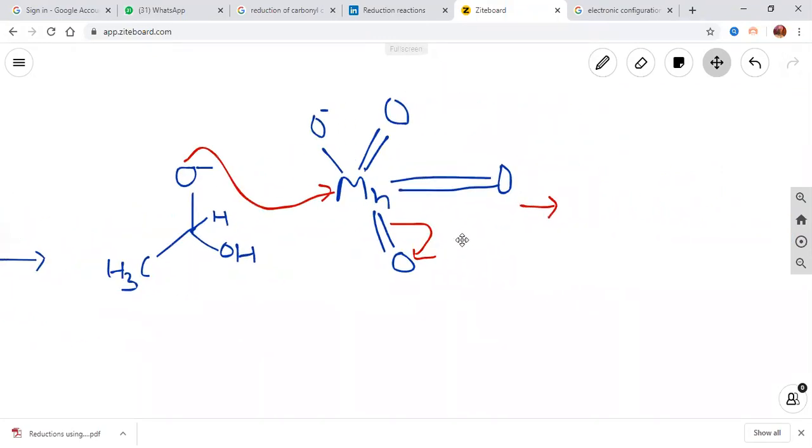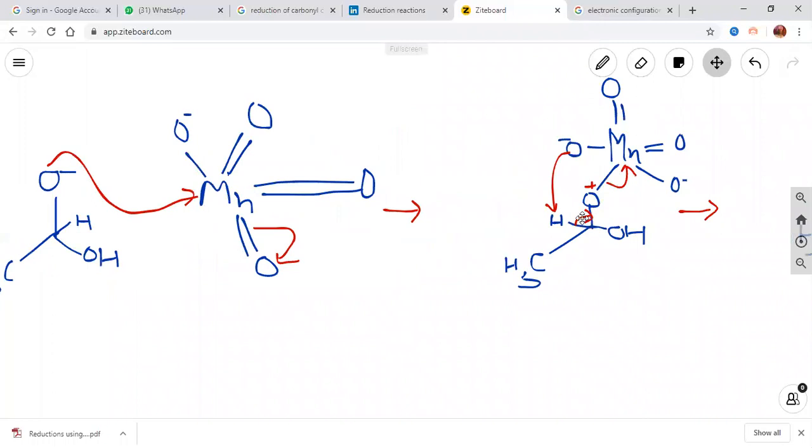Okay, there is a mistake. It does not get a positive charge, since it already has a negative charge, so it can donate this pair of electrons for the bonding. So it makes a bond with the manganese atom.